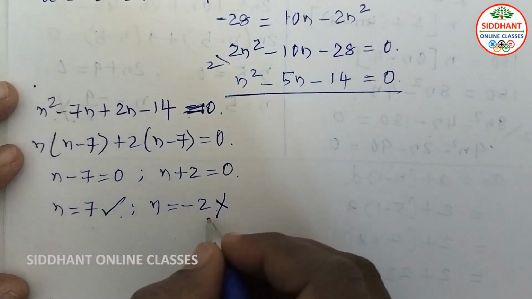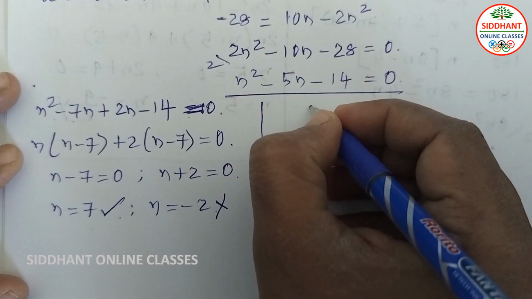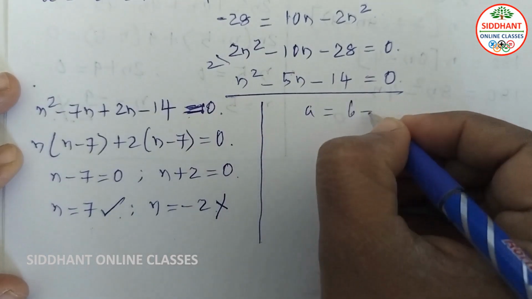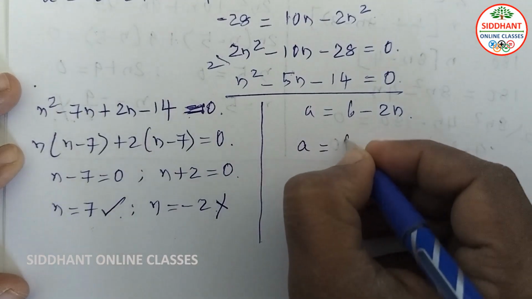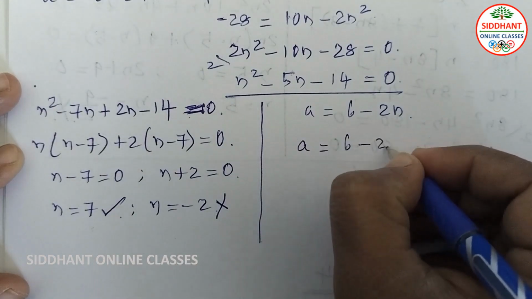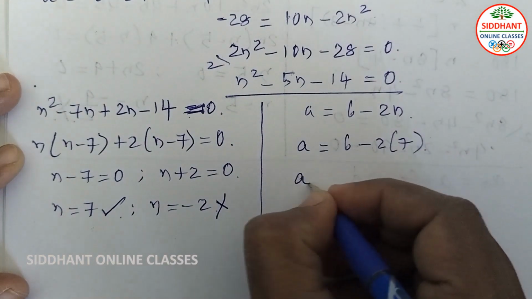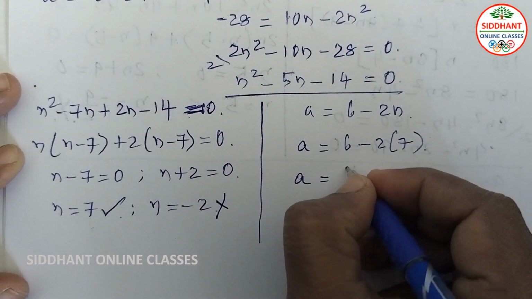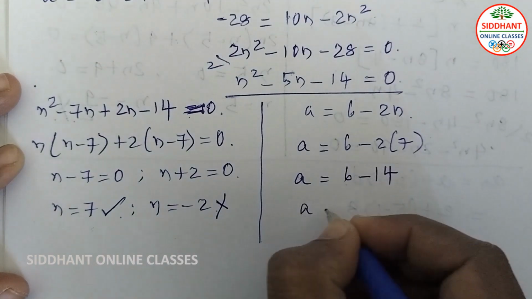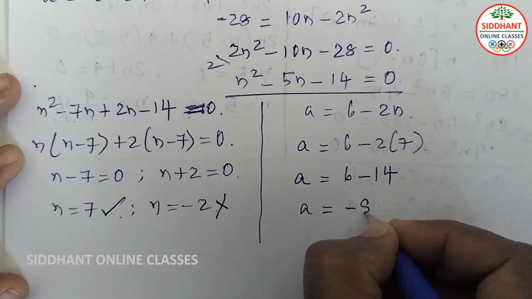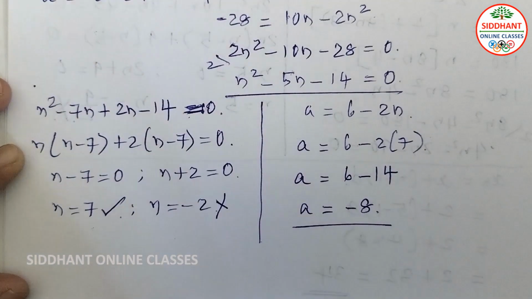Now we got n value, and we find the a value. We know a equal to 6 minus 2n. So a equal to 6 minus 2 into 7, 6 minus 14, then a equal to minus 8. So a is minus 8.